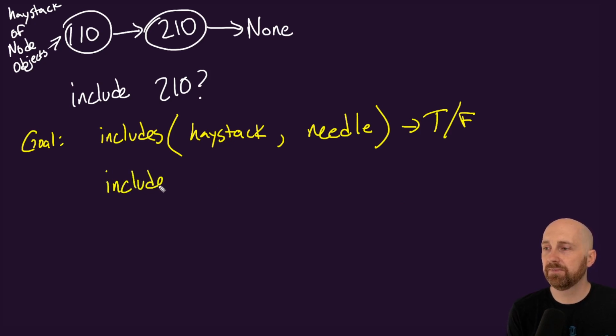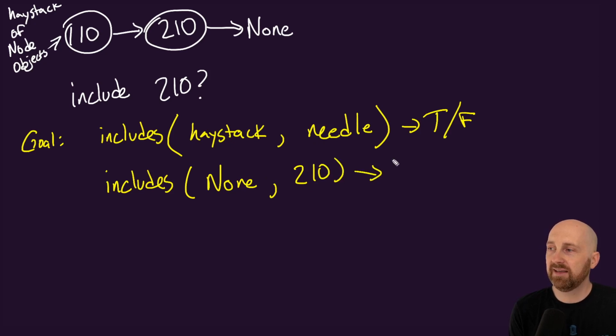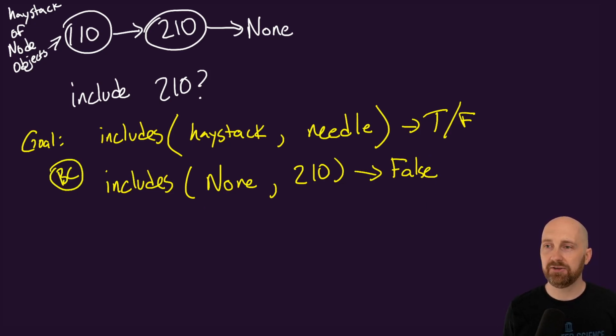So includes, and if our list is None, or the empty list, and we're looking for a needle like 210, right? We would expect that to result in a false value, right? We haven't found 210, and 210 is not included in the empty list None, right? And so we would think of this as a base case. And the strategy that we're learning here is to start by thinking about your base cases. Start with the simplest problems you can imagine.